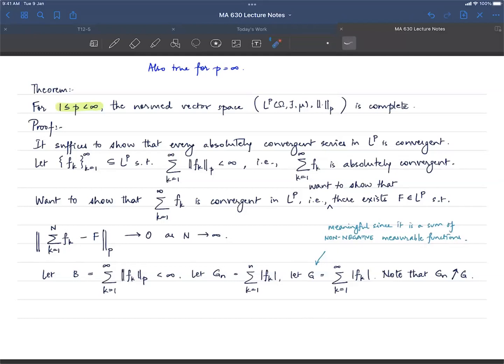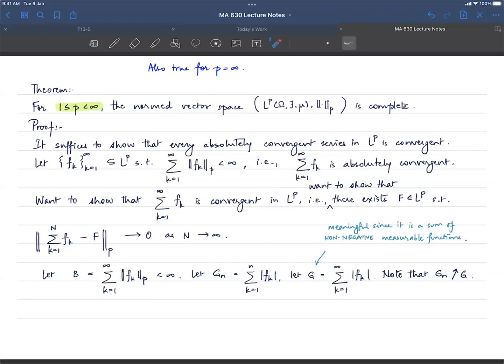Okay, now I claim that G_n increases to G. Can somebody tell me why? Anita, why does G_n increase to G? The questions I'm asking are much simpler than you realize. Sir, G_n is from k equals 1 to n.